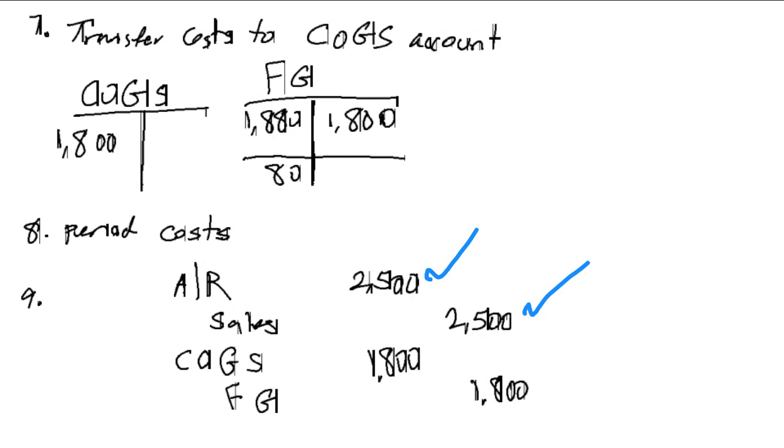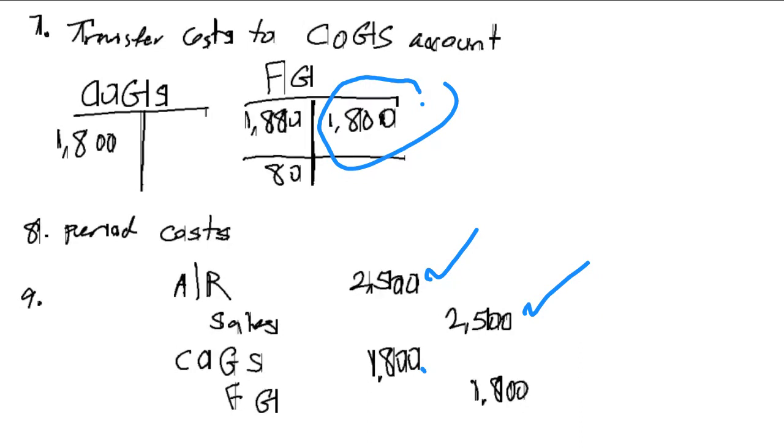So we sold $1,800 of our finished goods here for $2,500. Makes sense. We sell it for, let's say, profit. So now, cost of goods sold is debited and finished goods is credited.